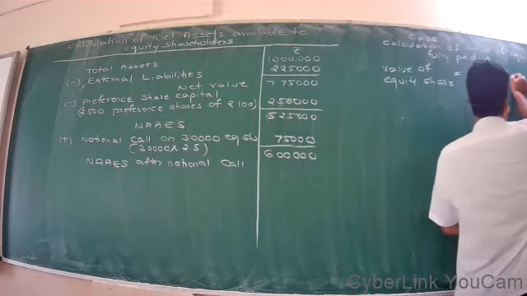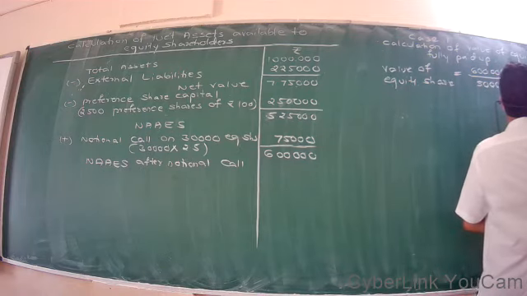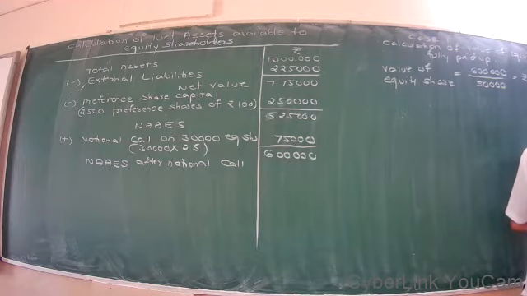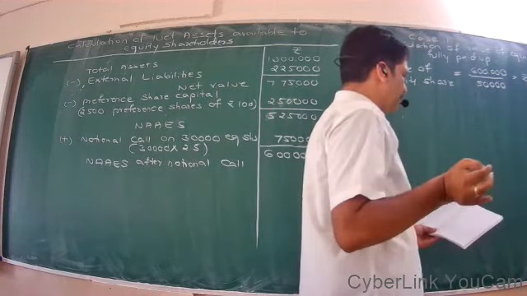So 6 lakh divided by 50,000 is rupees 12 per share.